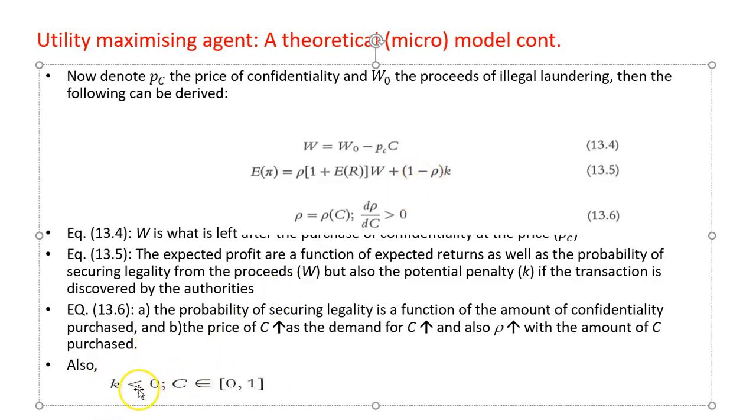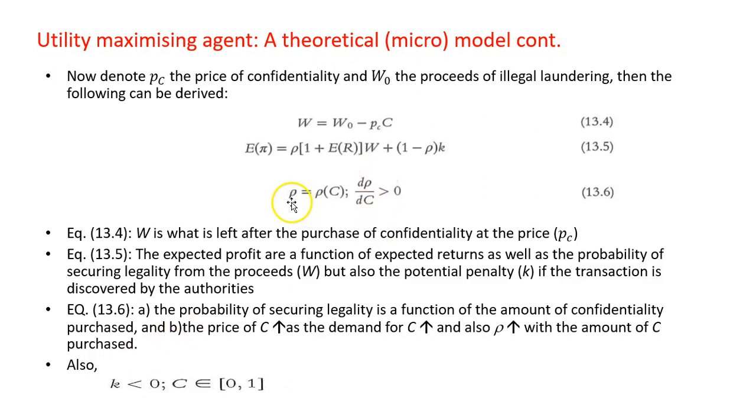K, as the cost of the potential penalty, has got to be negative. So these are the benefits and this is the penalty. This is the probability of the benefits, and this is what happens if you don't manage to obtain legality. So the net of these two is the expected profit from money laundering.